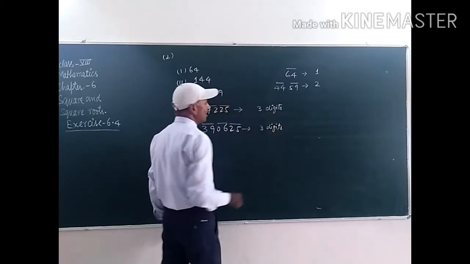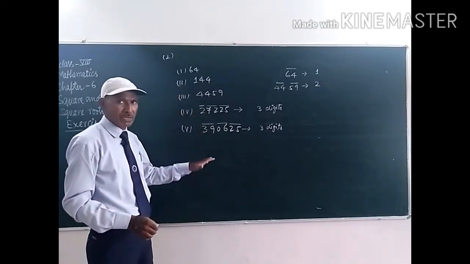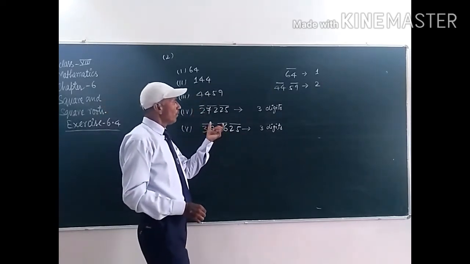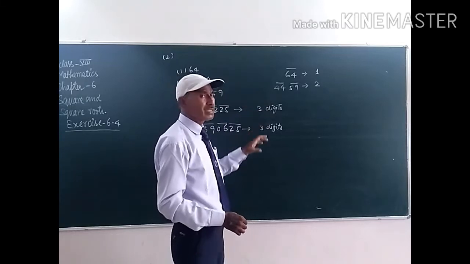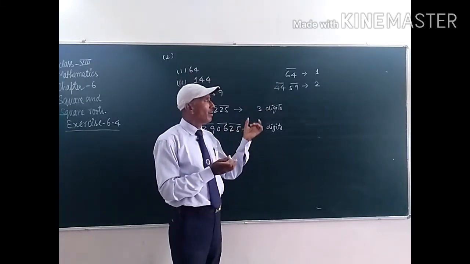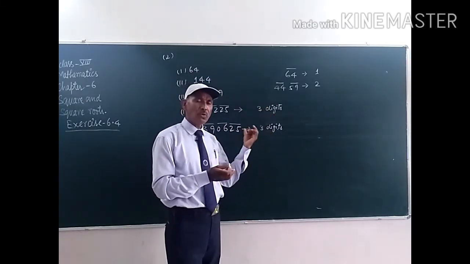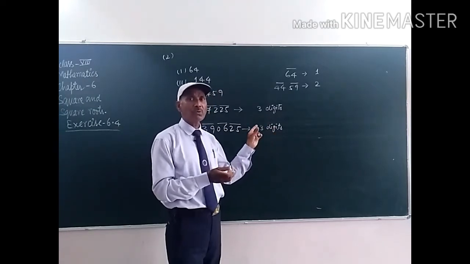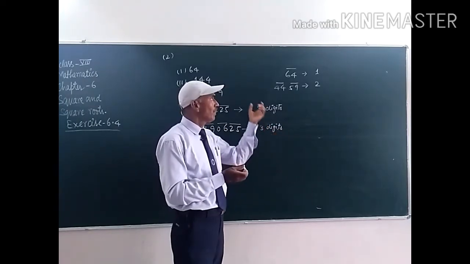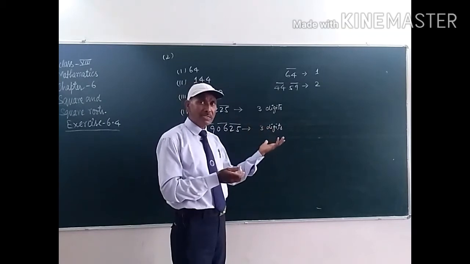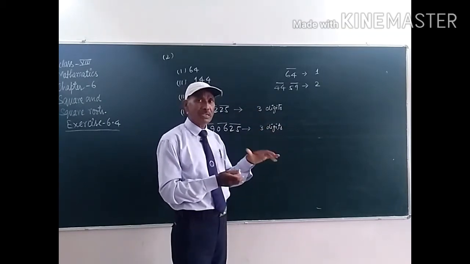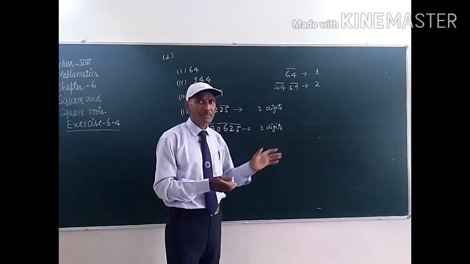Clear, student? So we have to check this using the bar over the numbers. If there are 2 bars, the number of digits in the square root of this number will be 2. If there are 5 bars, then the number of digits in the square root of this number will be 5.